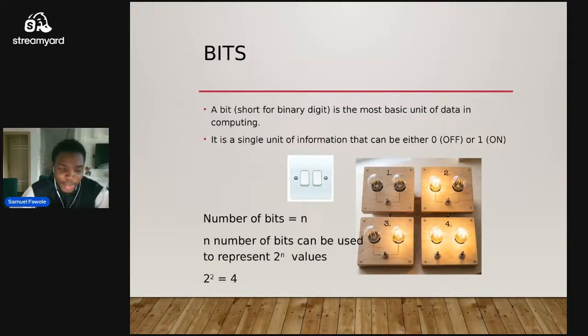It is a bi-state device that can either be in an on state or an off state, or some people say zero or one, or true or false. If we have two transistors, or two switches, the amount of data we can represent with those two switches is 4.